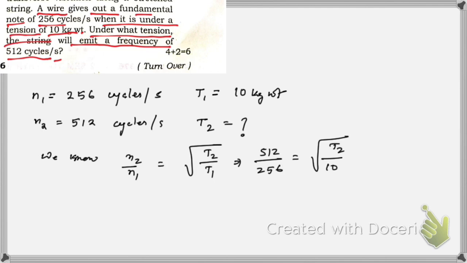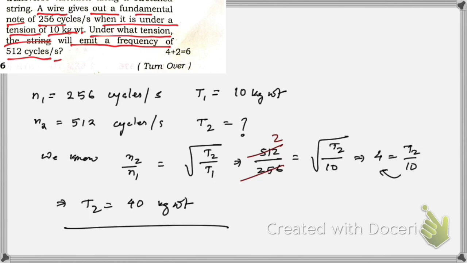After cancellation we get 2 here, and squaring both sides, we get 4 equals T2 by 10. From that we can write T2 is equal to 10 into 4, which is 40. So here 40 kg is the required tension. Hope you have understood this.